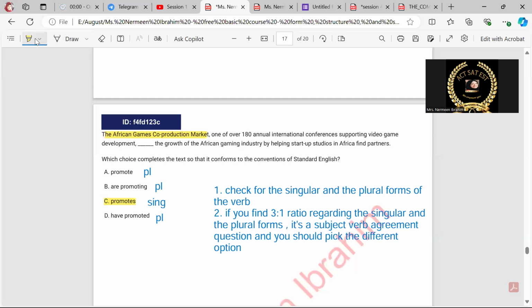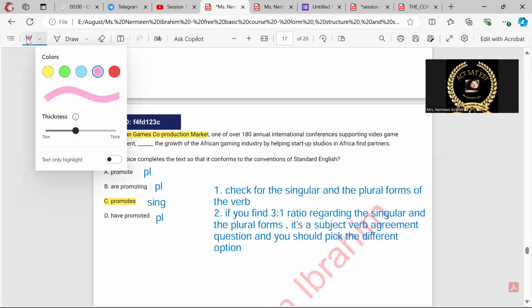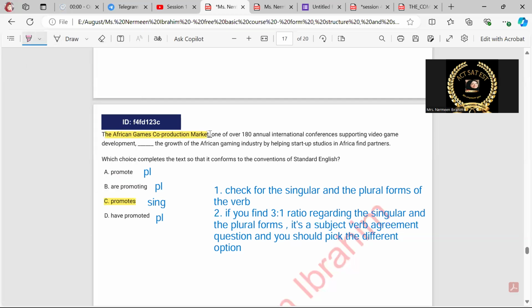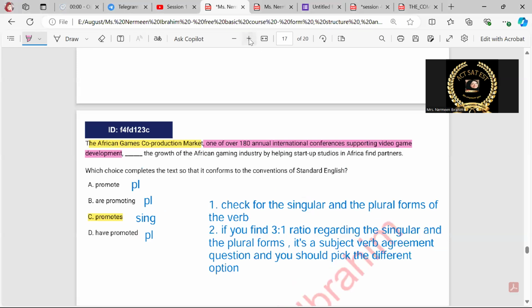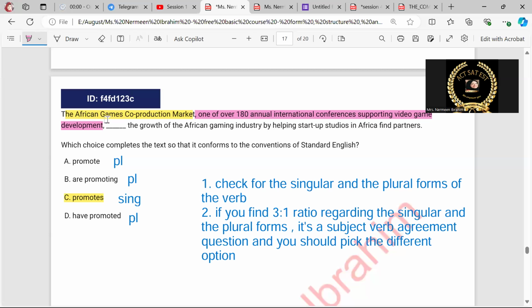Amazing. You see this pink part between the two commas? This pink part is non-essential.